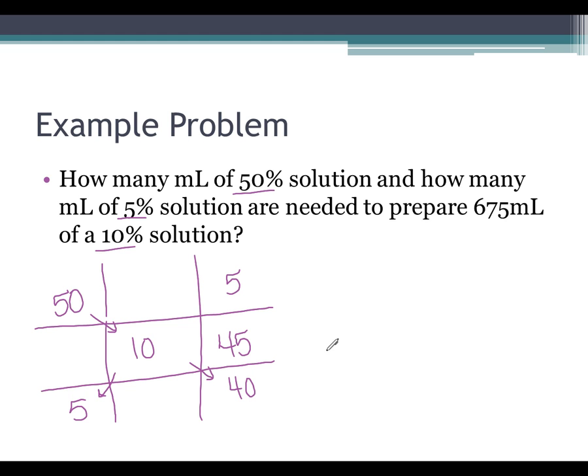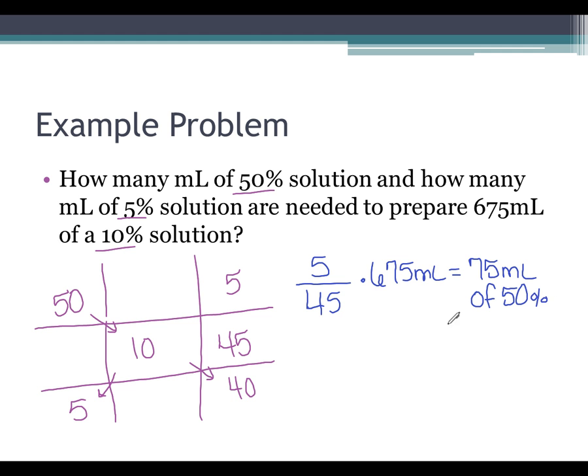Now I'm going to calculate how much of each solution is needed to prepare my order. For my high strength, I'm going to take the parts of my high strength, which is 5, divided by my total parts, which is 45. I'm going to multiply that by 675. When I put this into my calculator, I get an answer of 75 mLs of 50%.